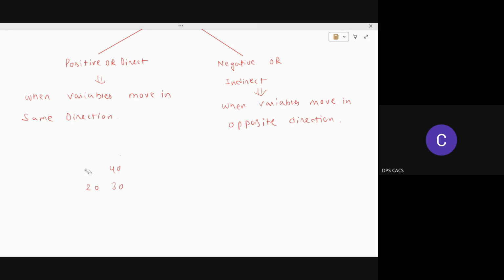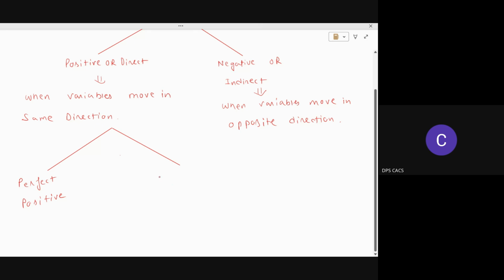But as he said, there are 4 types of correlation. Actually there are 2 subdivisions of positive correlation. One is perfect positive, very important.